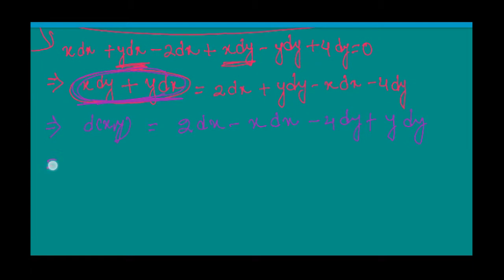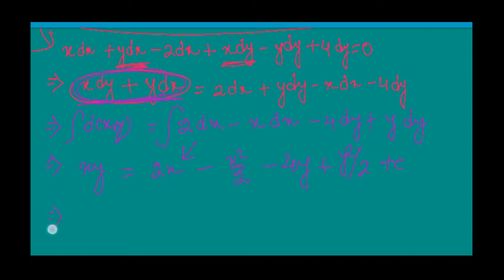So if we integrate both sides, it will be xy = 2x - x²/2 - 4y + y²/2 + c.